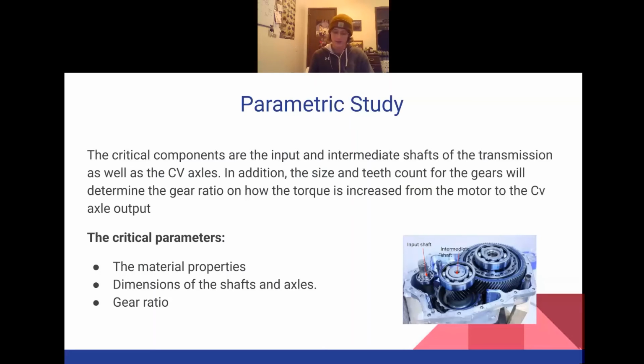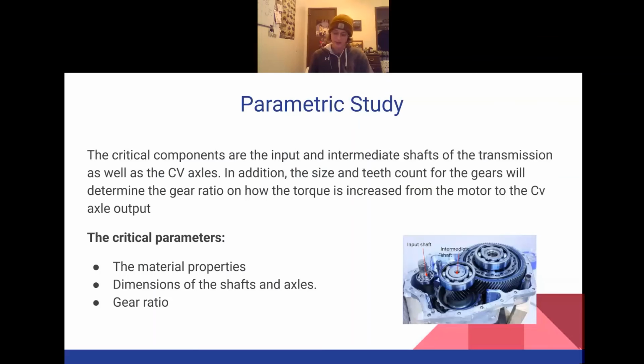The material in which the shafts are made can also yield similar results, as materials with higher yield and tensile strength can be used on smaller diameter shafts to achieve the same or better stress and displacement at the same torque. The gear design and ratios were also subjected to a parametric design study to achieve an optimal angular velocity output to the wheels from the motor.